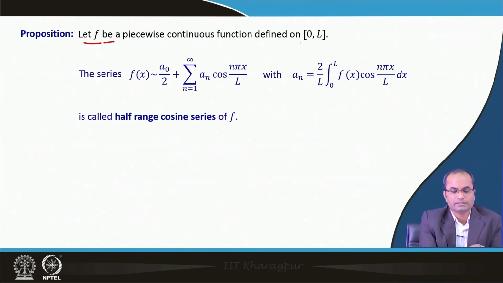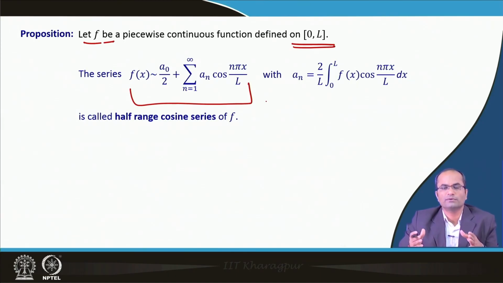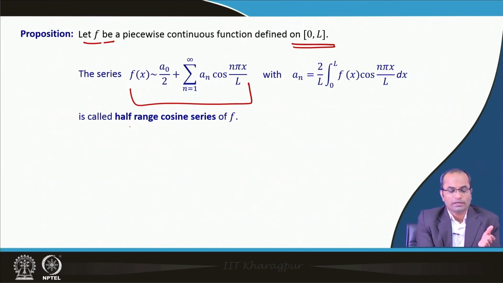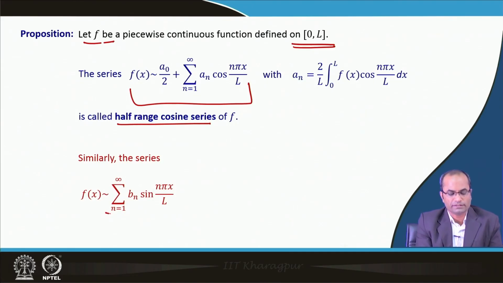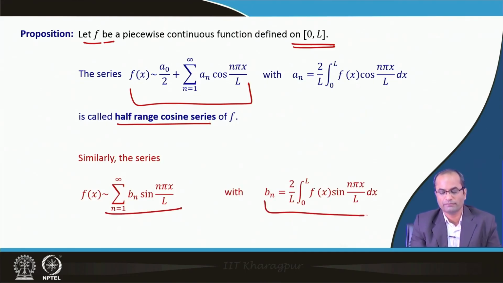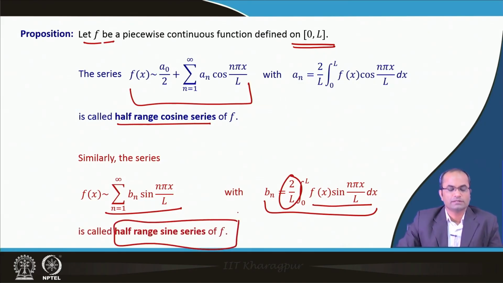The f is given in the interval 0 to L, and we can have both the possibilities. We can extend it so that the whole function in the range minus L to L becomes an odd function or an even function. Accordingly, we will get either this half range cosine series or half range sine series, where the b n we can compute with this formula 0 to L f x sin n pi x over L and this factor 2 over L, and this is called half range sine series.